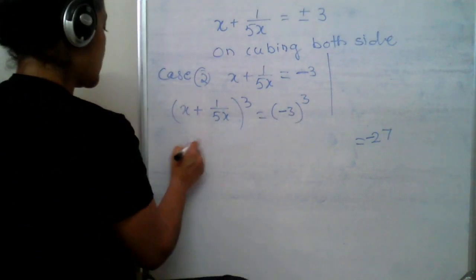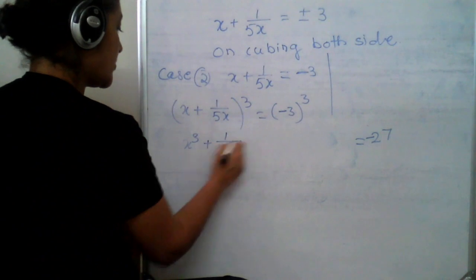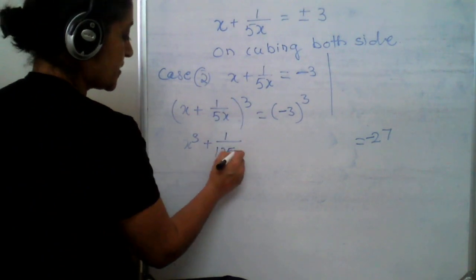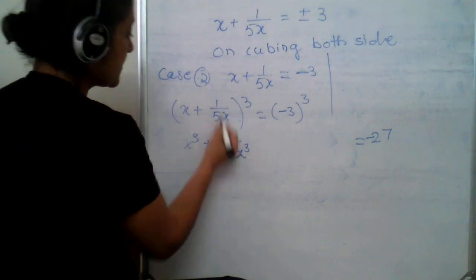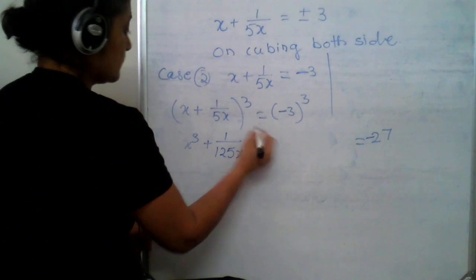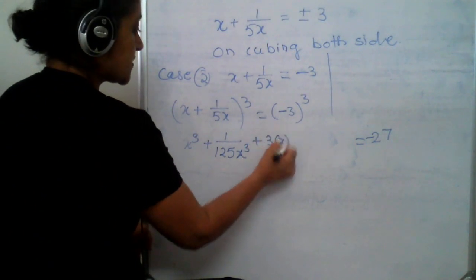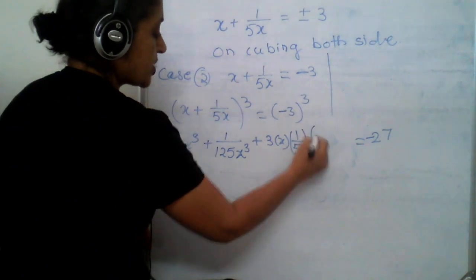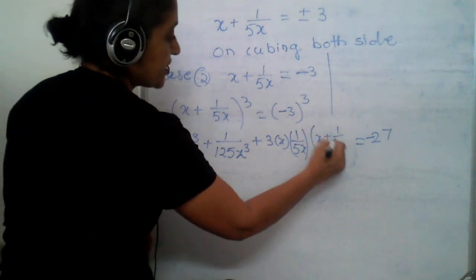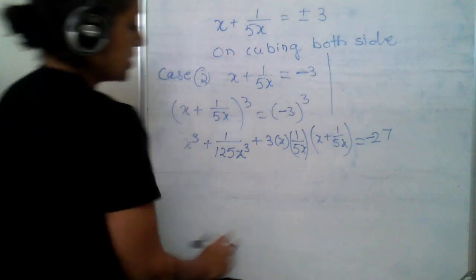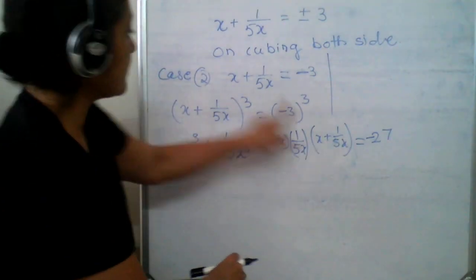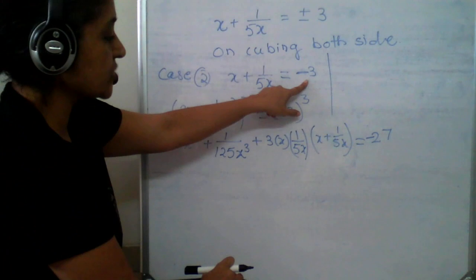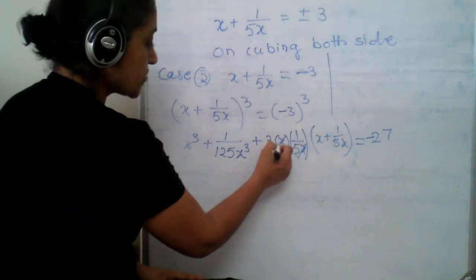Okay, x³ + 1/(125x³), here I am writing a little directly, plus 3 into bracket x · 1/5x, that is 3ab, into bracket x + 1/5x. Now look, this x + 1/5x we have taken this time as negative 3. So here x are going to cancel.